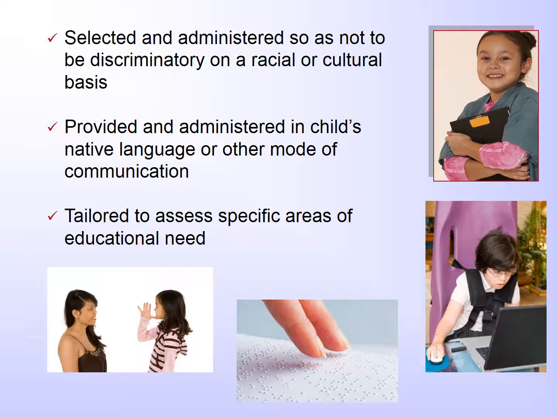Assessments must be conducted in accordance with the student's typical mode of communication and in a form that will yield accurate information. In addition, assessments and other evaluation materials need to be selected to assess specific areas of educational need. This supports the need for multiple sources of information, a variety of instruments, and the inappropriateness of using one sole criterion to determine whether the child is a child with a disability and to determine what would be an appropriate educational program for that child.